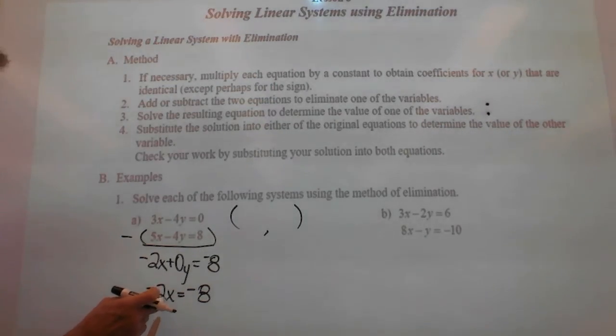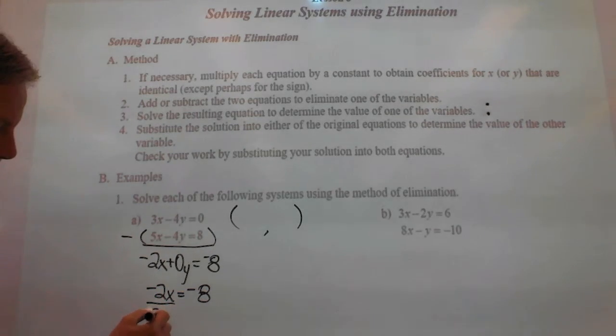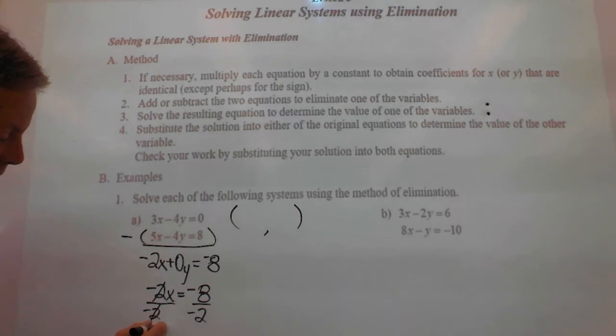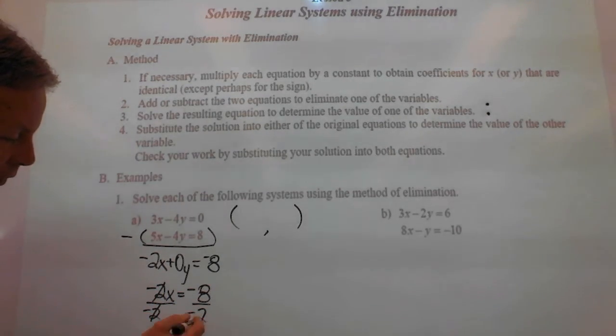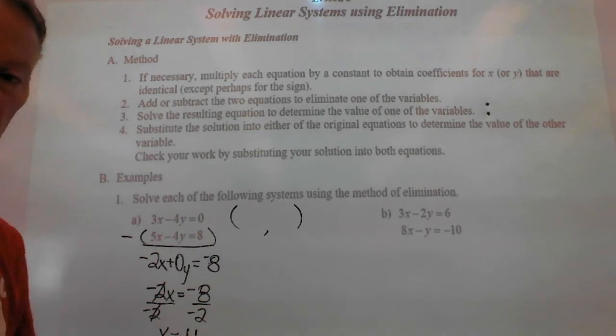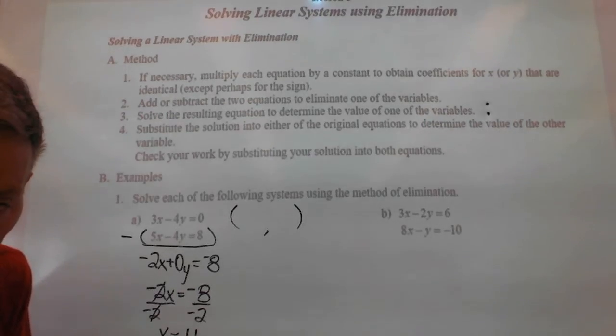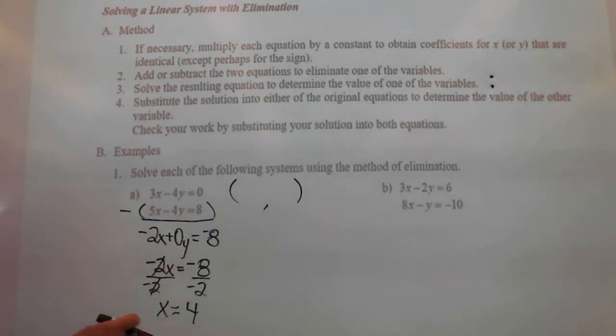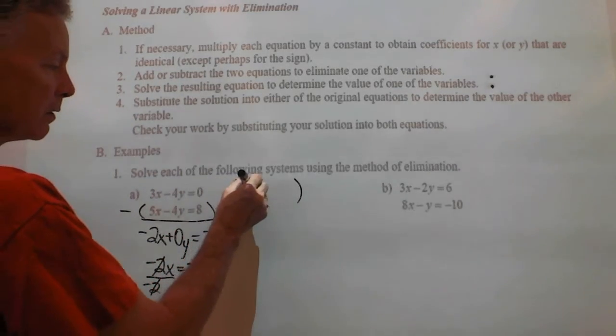So let's get x all by itself. To get x all by itself, we have to divide both sides by negative 2. That will give us x equals 4, right? Negative 8 divided by negative 2 equals 4. Now you can see it. Okay, so our x value is 4.